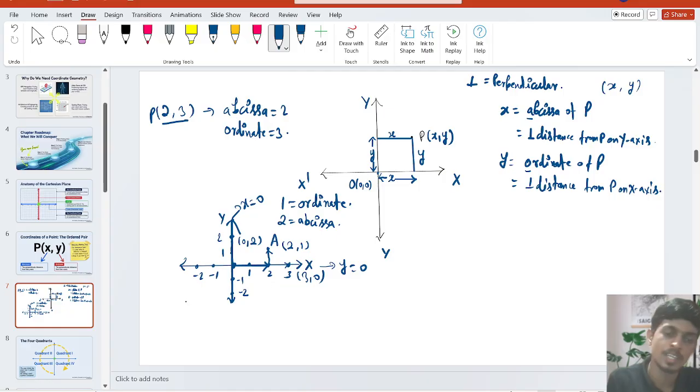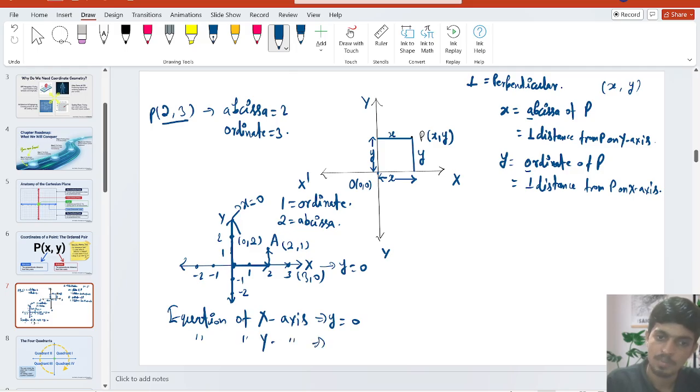So finally we say that the equation of the x-axis is simply y = 0, and the equation of the y-axis is simply x = 0. I hope it is clear to you.